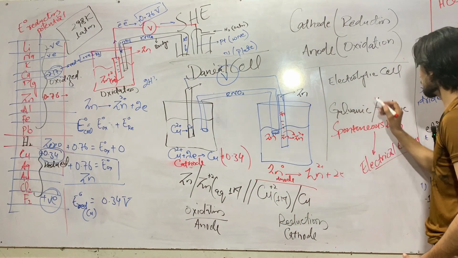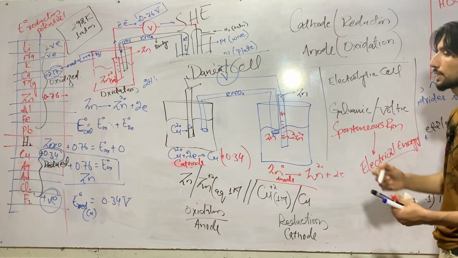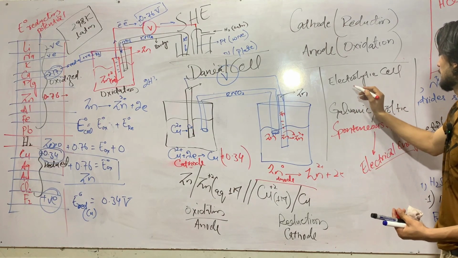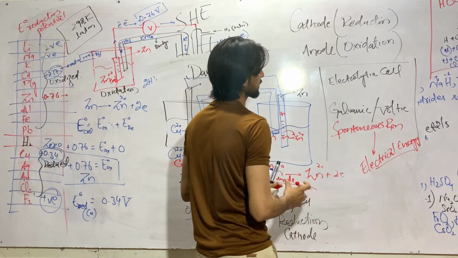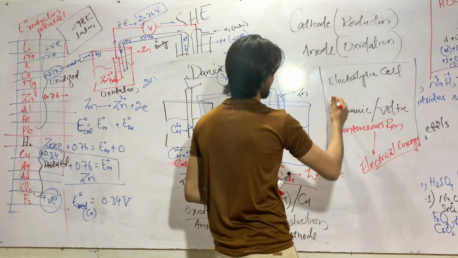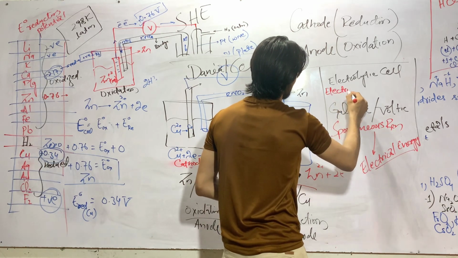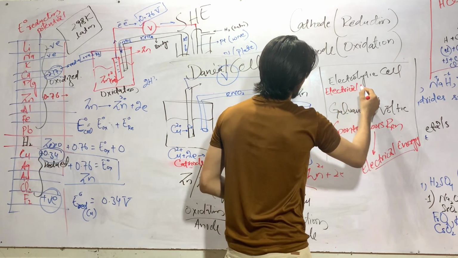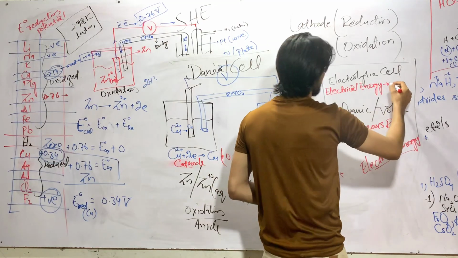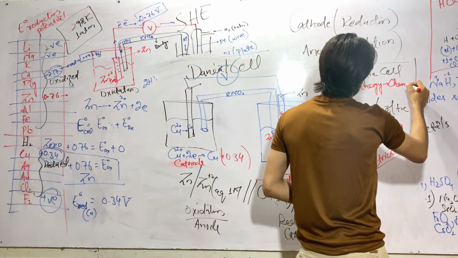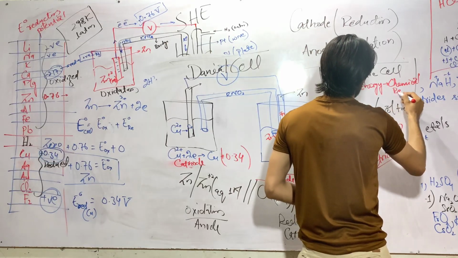And here what happens is, we did not discuss any example of this, but this happens when we use electrical energy to do some non-spontaneous reaction. Electrical energy is used to do some chemical work, chemical change, chemical reaction.